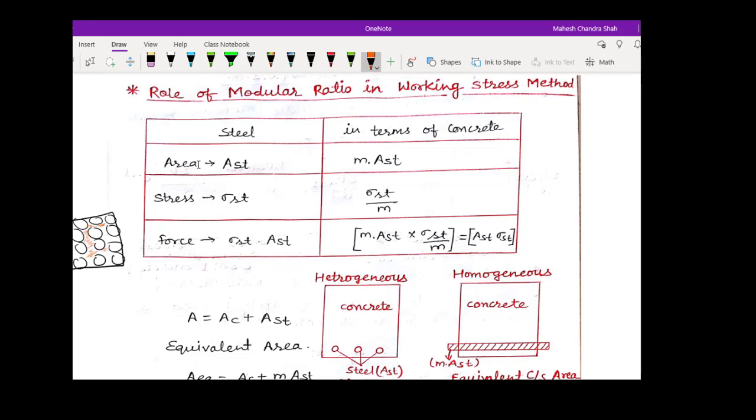So we convert the whole section into concrete for easiness. Here the modular ratio helps us convert the section from heterogeneous to homogeneous.